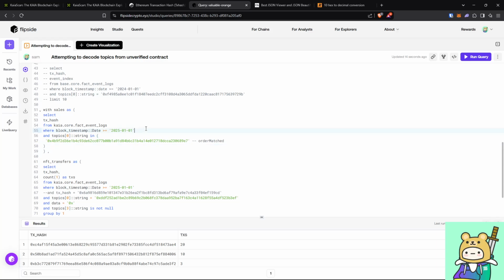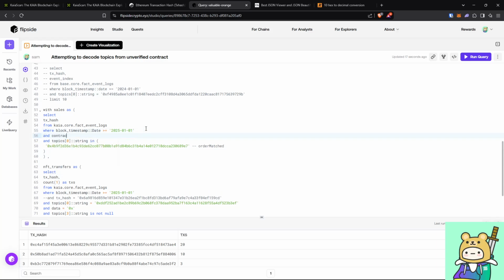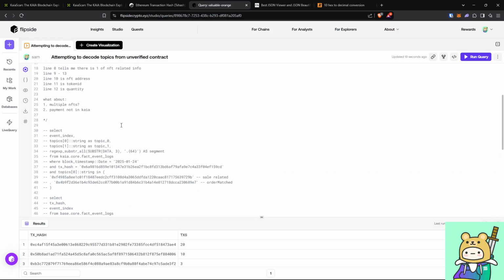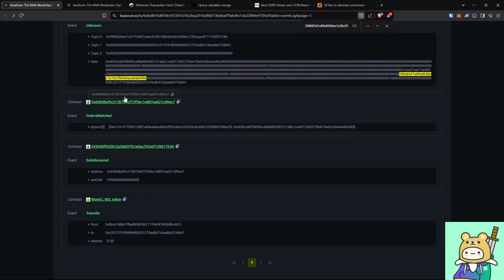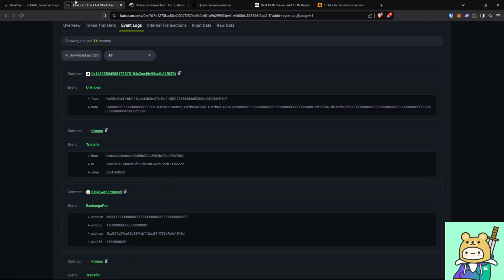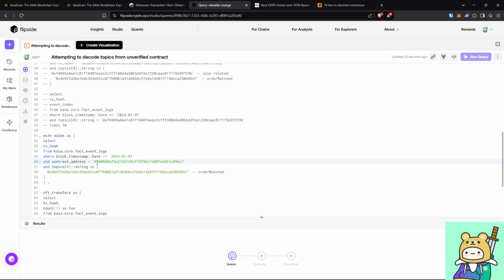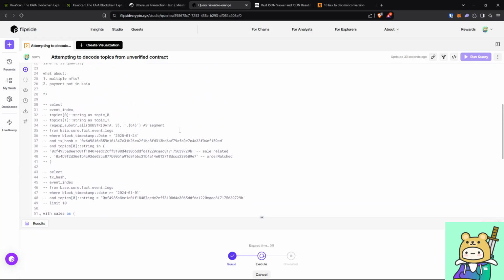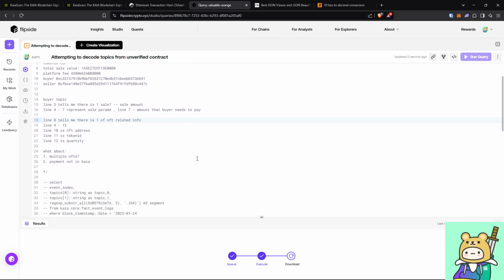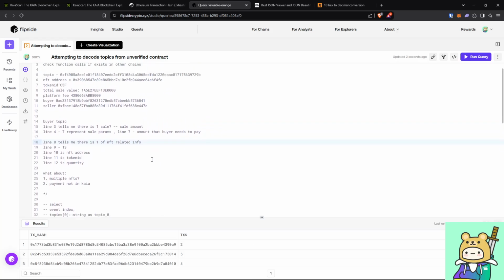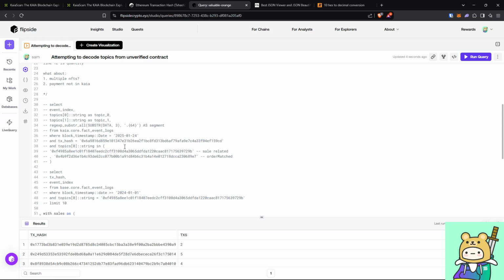For this one, I forgot to specify contract address. The contract address would be, yeah, let's run it again. Which also reminds me we need to have a contract address up top.